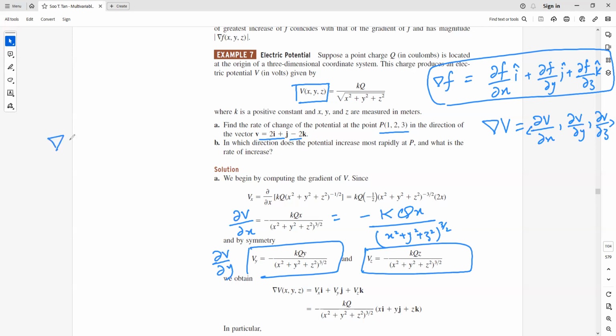Now we have this gradient vector, so we need to find the gradient at the point. The point is given, that is (1, 2, 3). We need to plug in the values 1, 2, and 3 in the corresponding variables x, y, and z in this gradient vector, and we will get a vector in terms of constants, right?